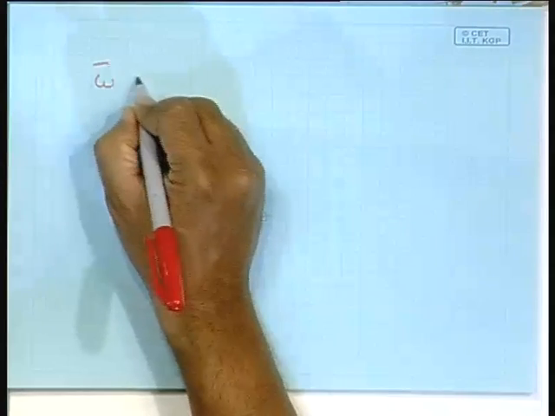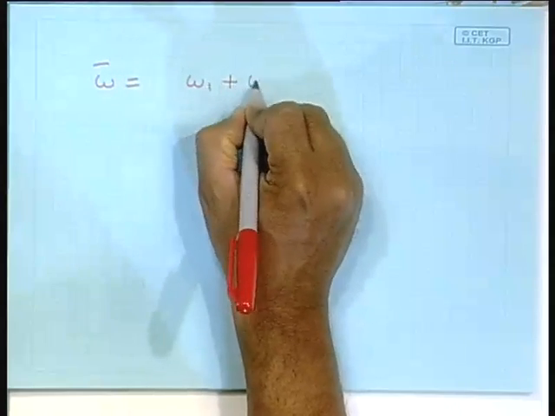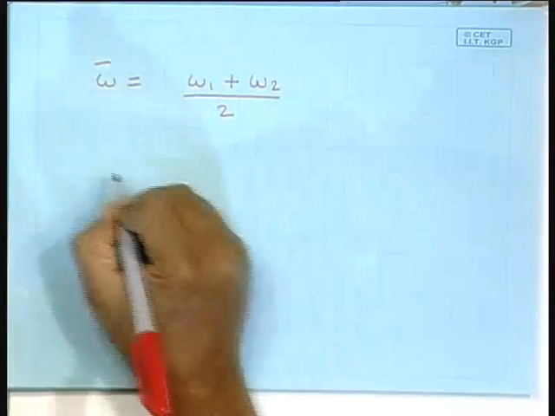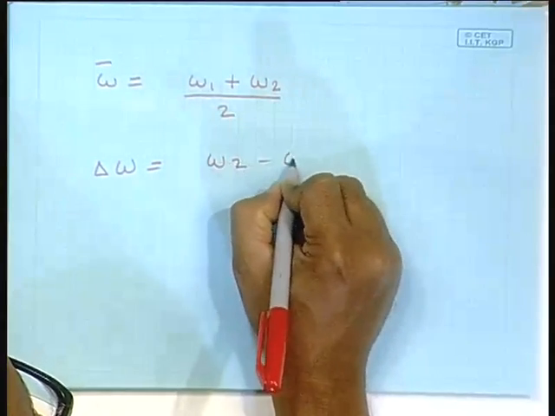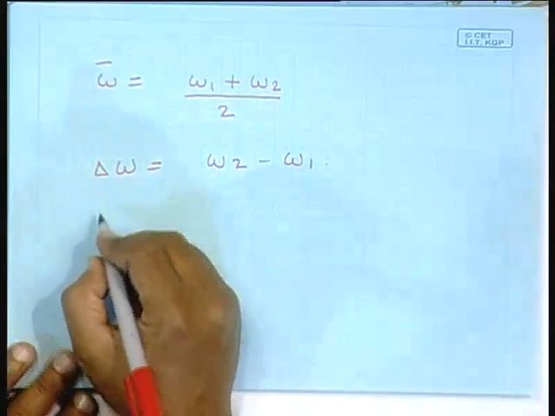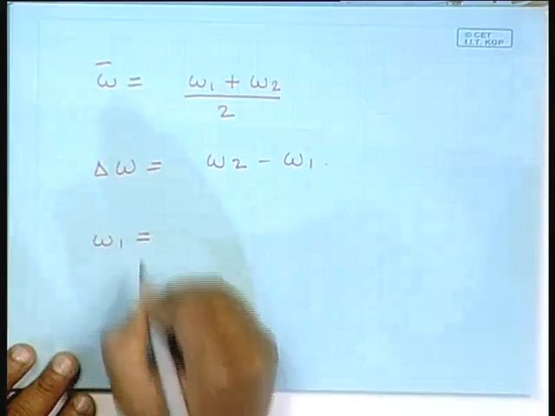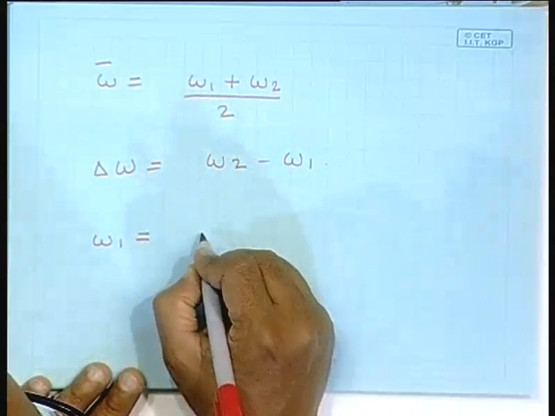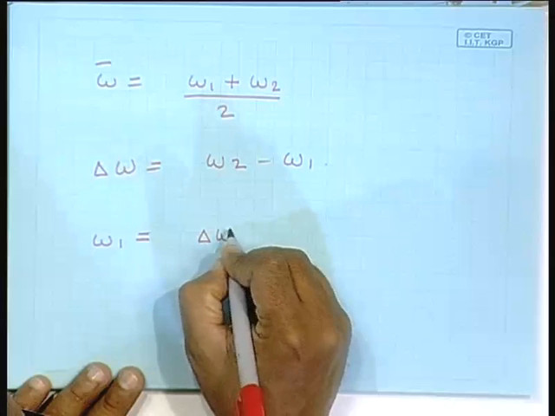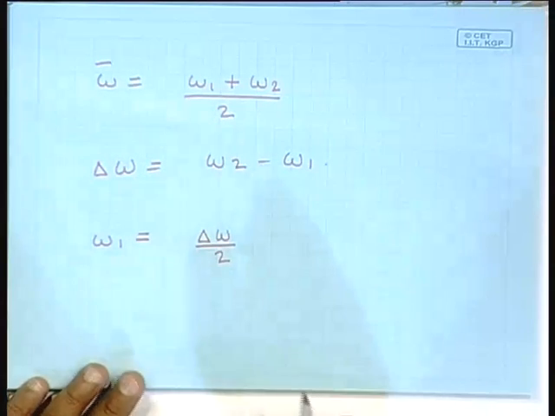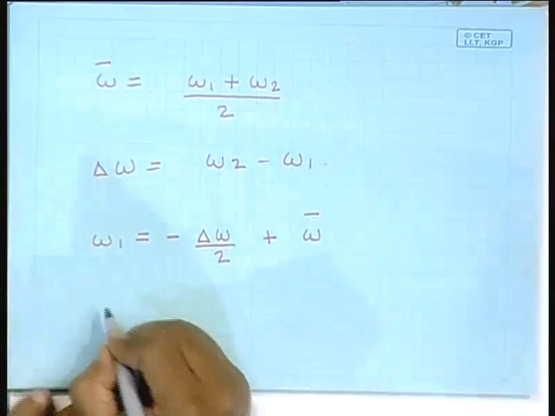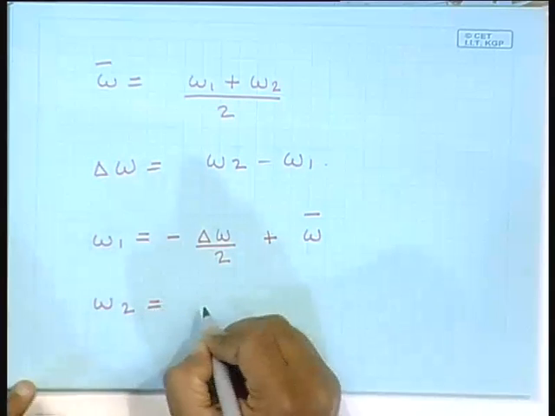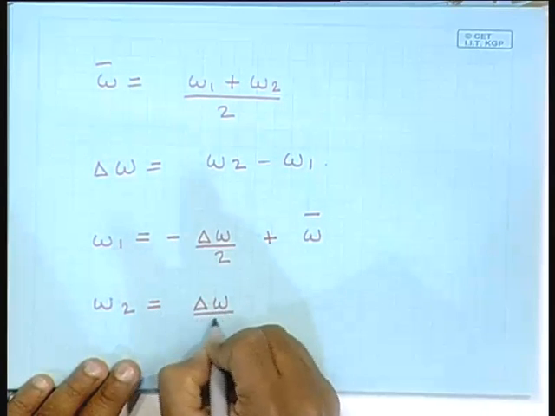So, if we define the mean frequency omega bar to be omega 1 plus omega 2 by 2, and the difference delta omega to be omega 2 minus omega 1, then we can write omega 1 as omega bar minus delta omega by 2, and omega 2 as omega bar plus delta omega by 2.